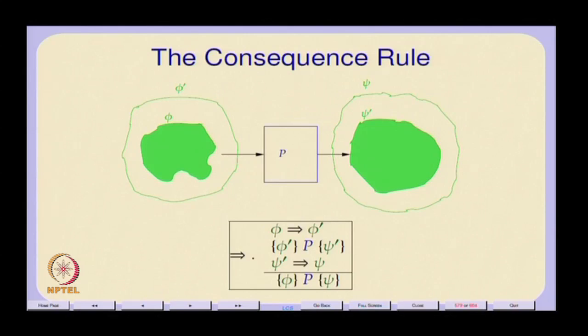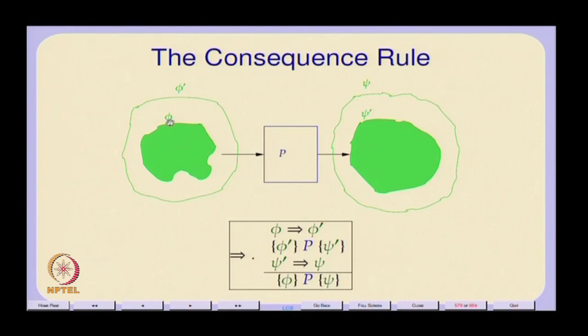And what do I mean by a stronger property? I mean that supposing there is a phi prime which is weaker than phi, and there is a psi prime that is stronger than psi. The notion of strong and weak is just related by implication.